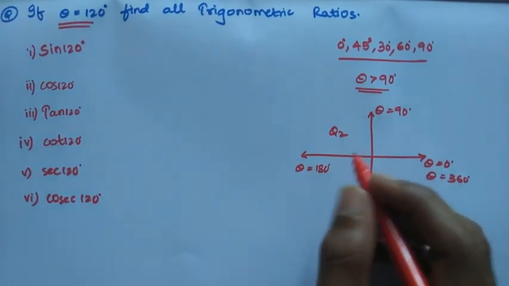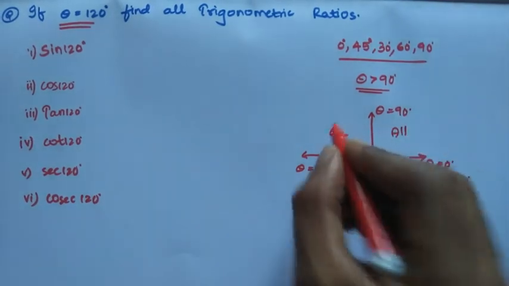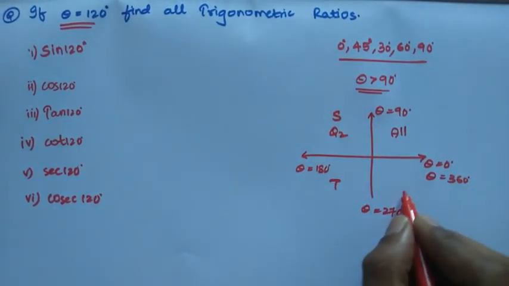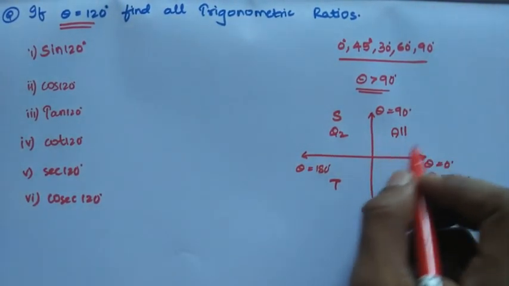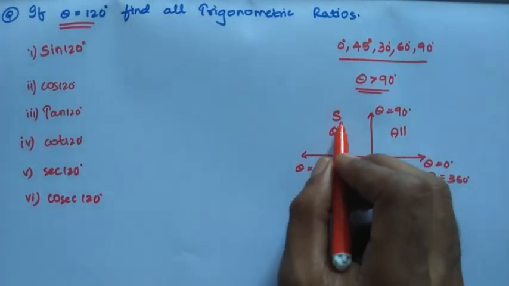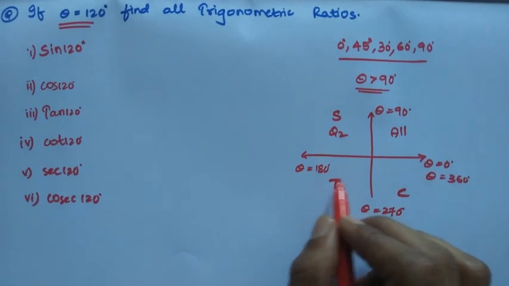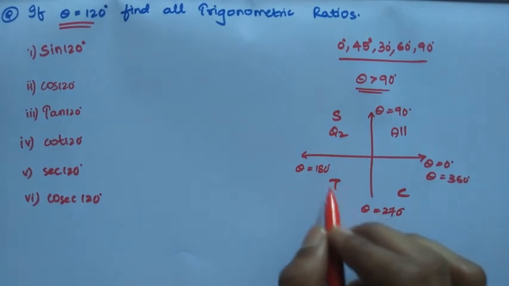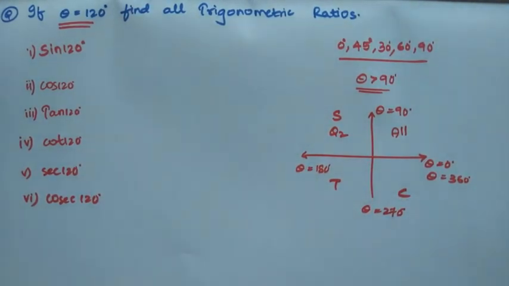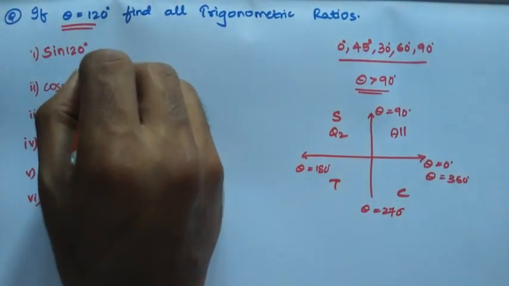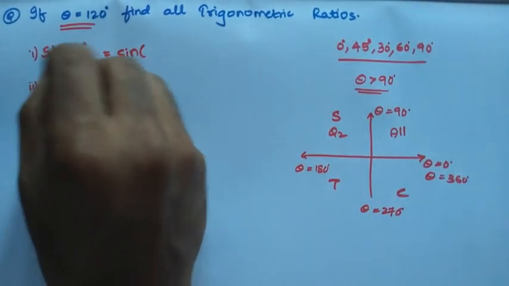To easily remember that, we have all silver tea cups. In the first quadrant all trigonometric ratios will be positive. In the second, sine and its reciprocal will be positive. Tan and its reciprocal will be positive in the third, and cos and its reciprocal will be positive in the fourth quadrant.